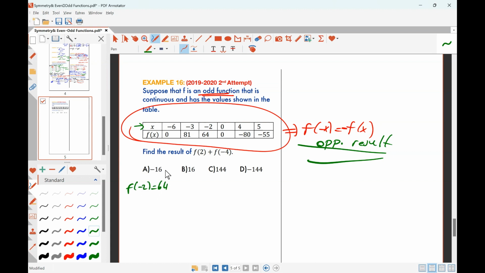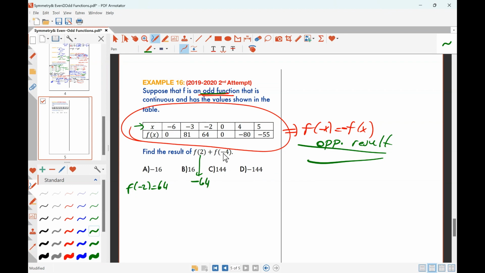What I need is f of 2. So I should change the sign of x. When I change the sign of x, the result must be opposite because the given function is odd, right? So change negative 2 to 2, and you should also change the sign of y. So 64 becomes negative 64, right?